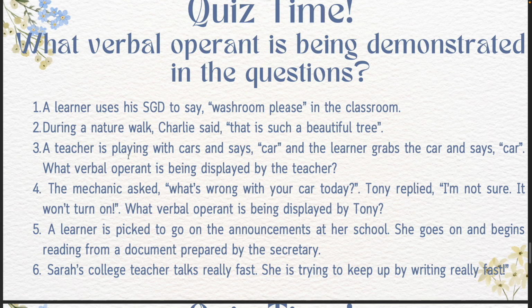In number 5, she is going on the announcements, but the key thing here is she is reading from something. She's reading from the script that the secretary had written for her. And anytime that you are reading and seeing something, you are looking at a textual prompt. Okay? So our textual prompt is any time that you are using some sort of text to prompt your learners.